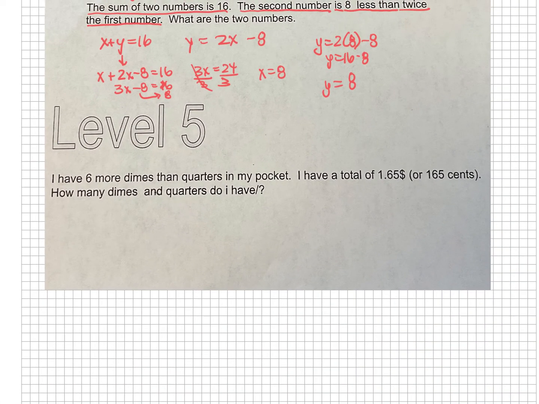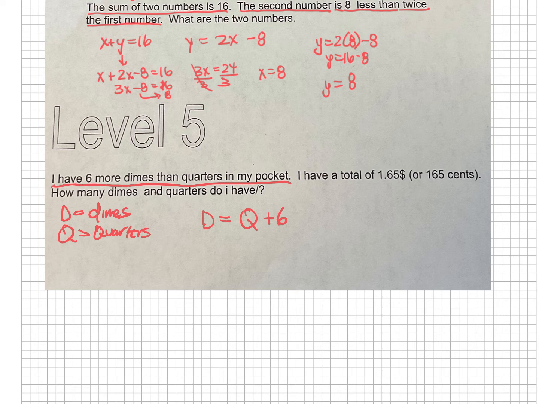Okay, I have 6 more dimes than quarters in my pocket. So if D equals dimes and Q equals quarters, then I don't have the same amount of dimes as quarters, so I can't say that my number of dimes equals my quarters. I have 6 more dimes, so to make this equal, I would have to add 6 to my quarters to make it fair.